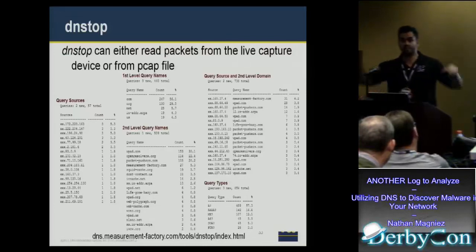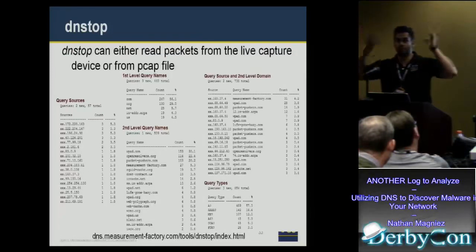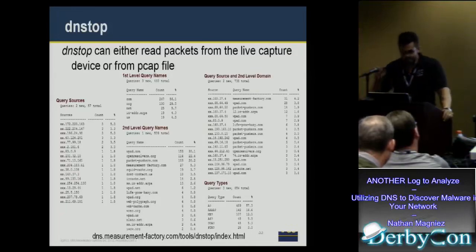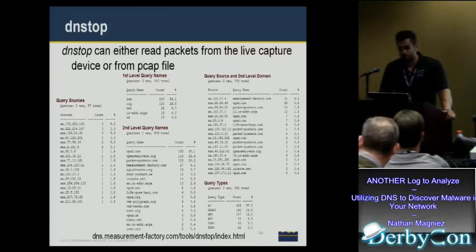So you can see from a high level view where my main traffic is being queried out to, where my users are querying out to, and what's being resolved. You can also pair the query source with the second level domain, so you can narrow it down to a specific machine and see where they're querying out to. You can take a PCAP file and push it into it, or you can use it live.